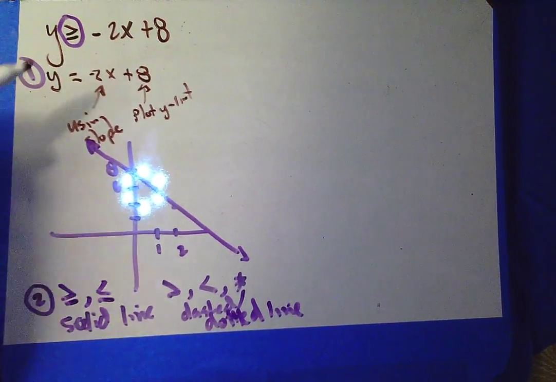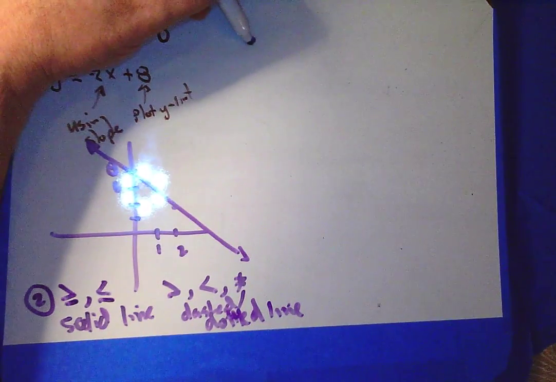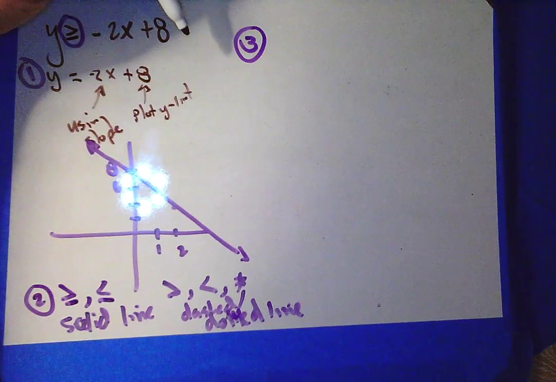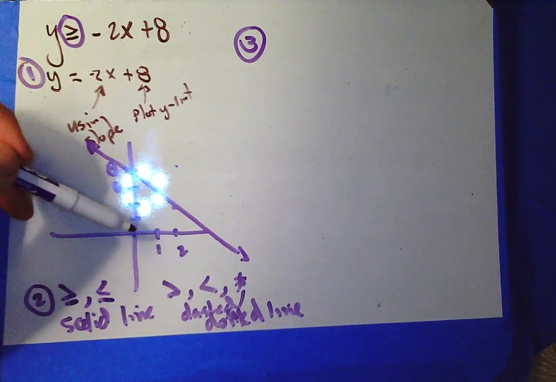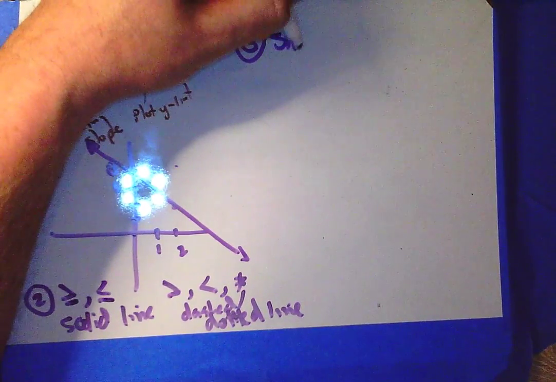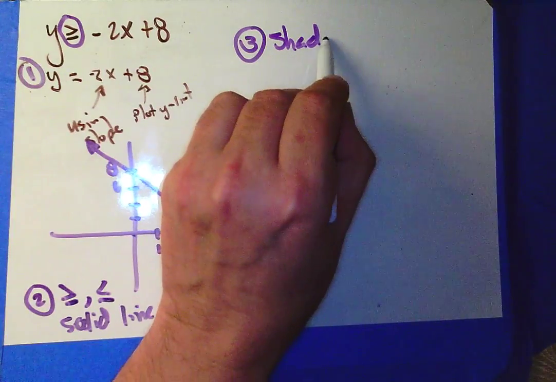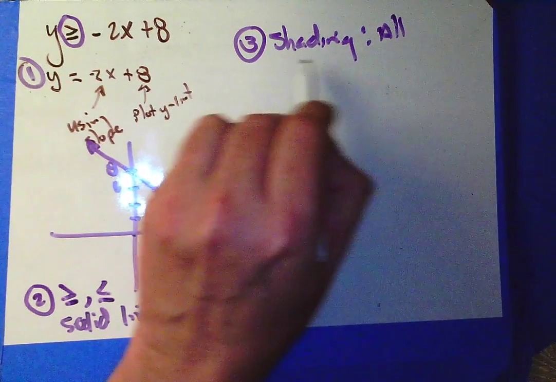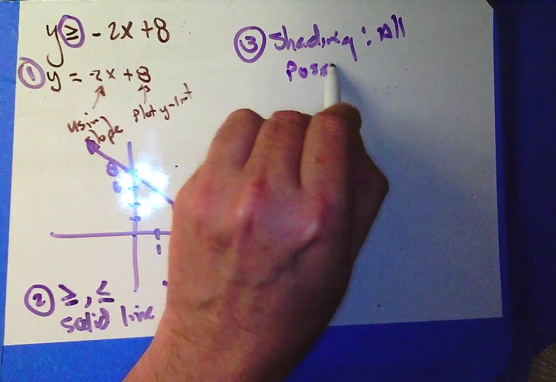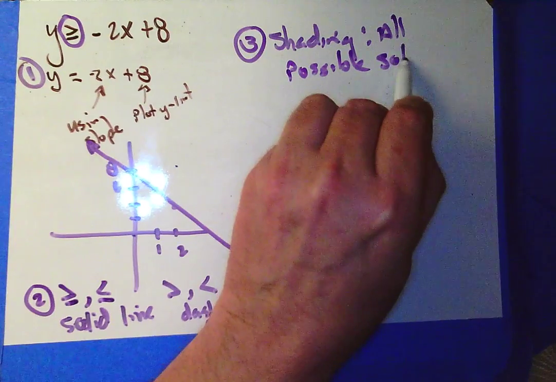Okay? And the third thing I need to figure out when I graph an inequality is which side of that line to shade. Now I can shade either above the line or below the line. Remember, the shading represents all the possible solutions.